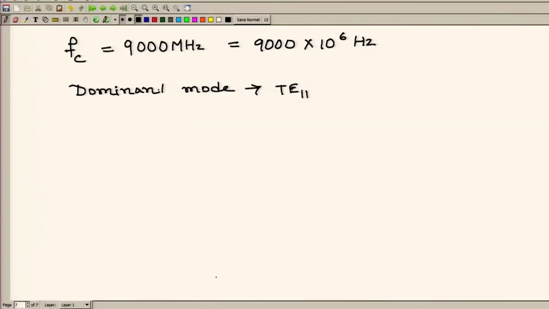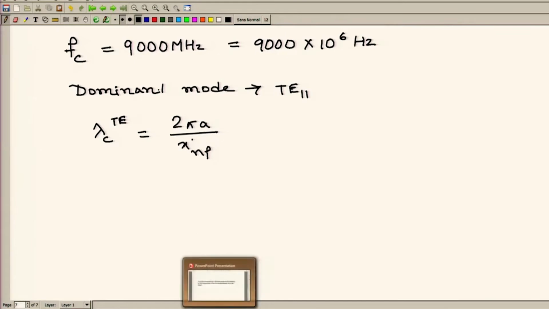So for dominant mode, lambda c TE, we can write it down as 2 pi a upon x n rho dashed, where a is the unknown that we need to find out.